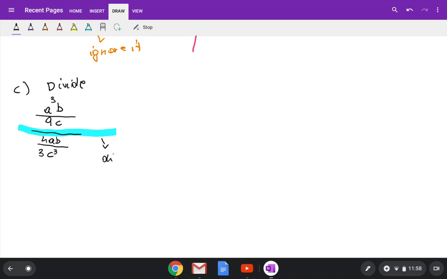To see that better, you can rewrite this as a to the third power b over 9c divided by 4ab over 3c to the third power. So again, find that division fraction bar, which is technically in the middle of that entire expression.